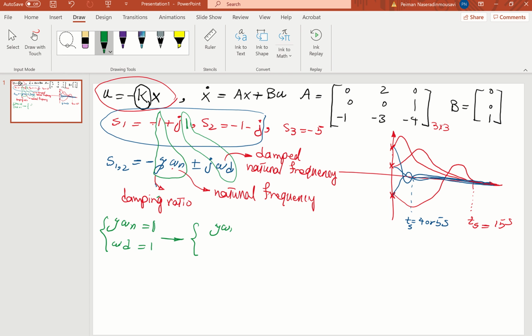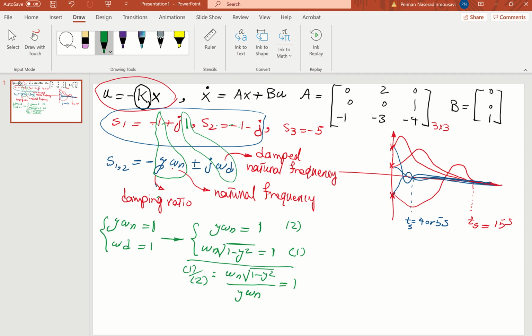But we know from undergraduate vibration and control that for an underdamped system, omega d is omega n times the square root of 1 minus zeta squared, and that is 1 here. So if I divide relation 1 by relation 2, omega n times root of 1 minus zeta squared divided by zeta omega n is 1. The omega n cancels, so what you get is root of 1 minus zeta squared over zeta.